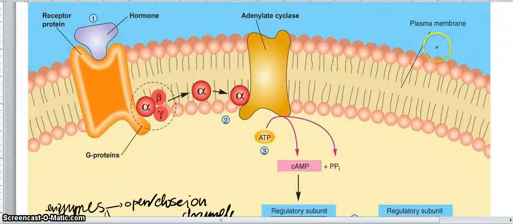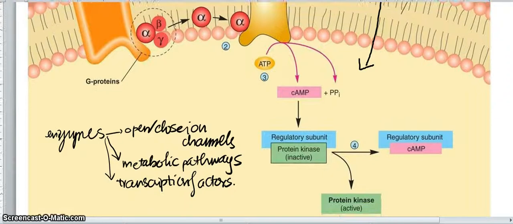Those signals can go through the membrane and start activating transcription factors inside of the cell. So they will go in, bind to a transcription factor, activate it, and then the transcription factor can facilitate the making of certain mRNA that will carry out the translation of the proteins that will carry out the response at the end.